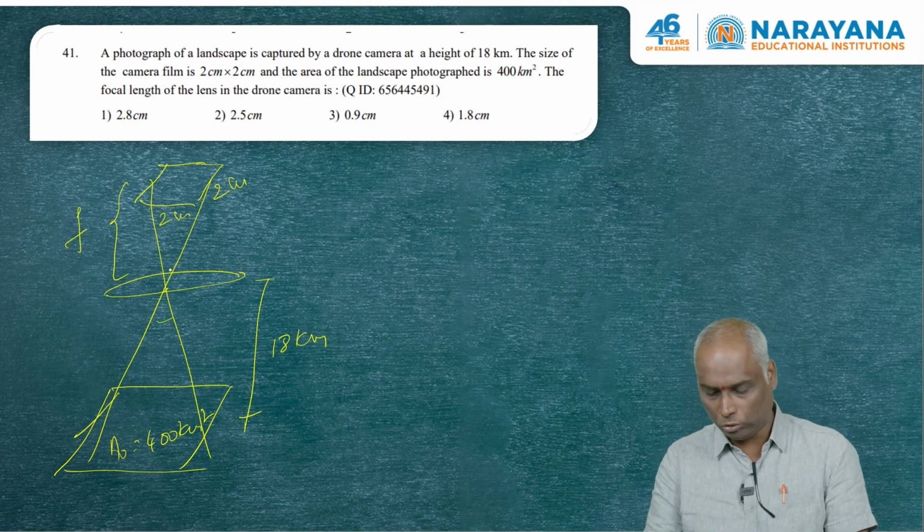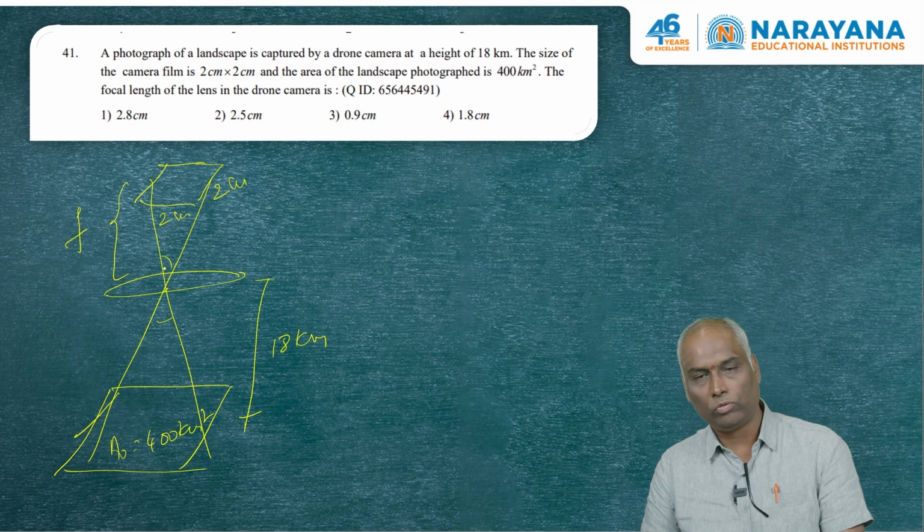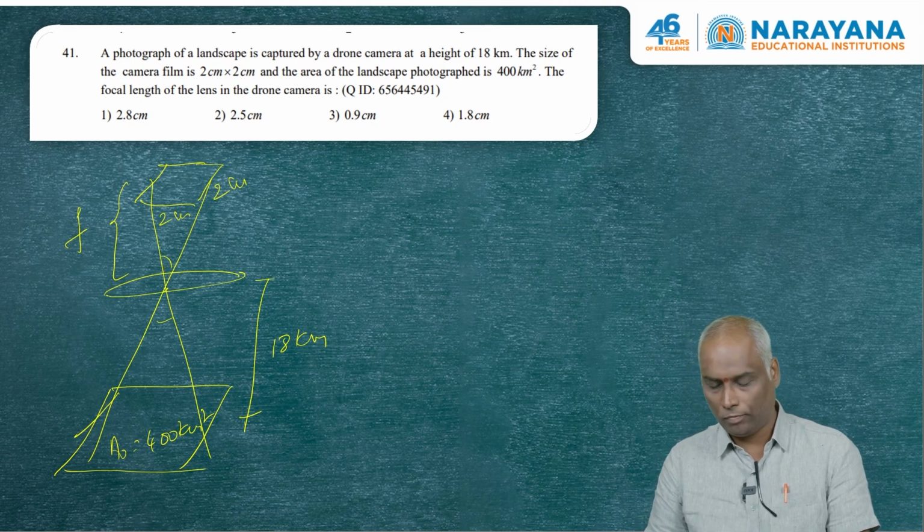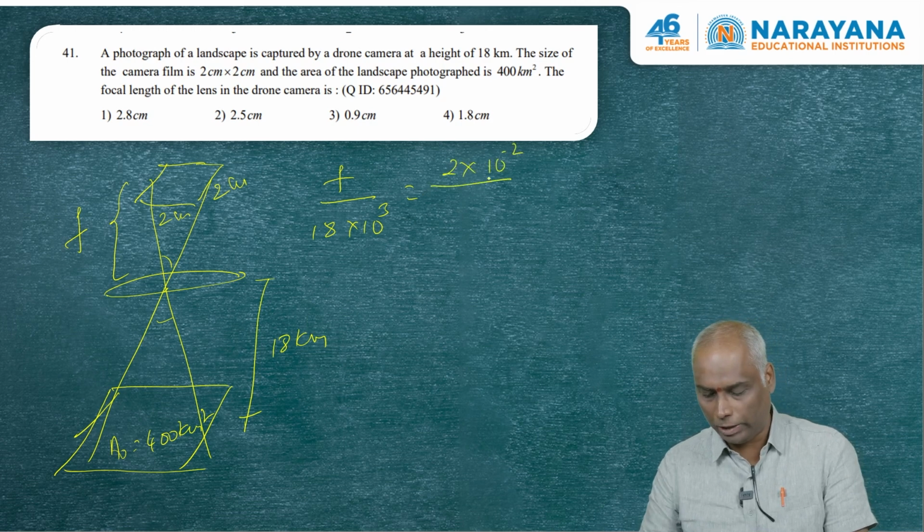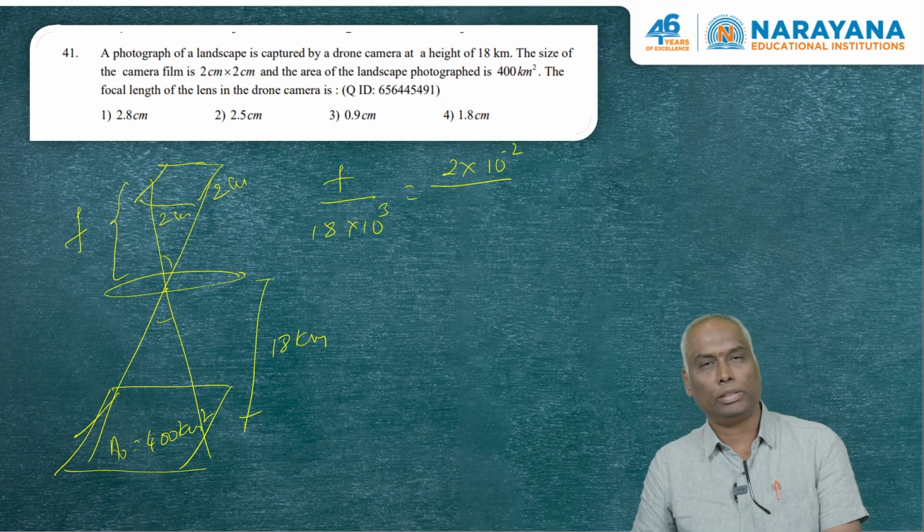So as these two angles are equal, we can compare the triangles. When we compare the triangles, we get F divided by 18 into 10 to the power of 3 equals 2 into 10 to the power of minus 2 divided by the side of the object.